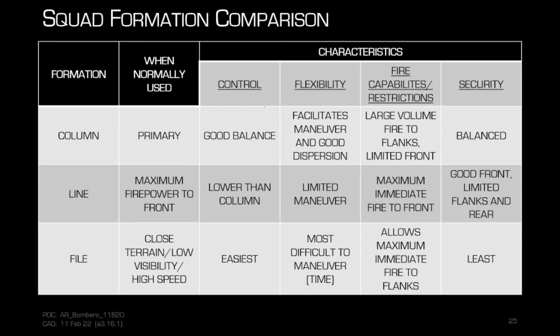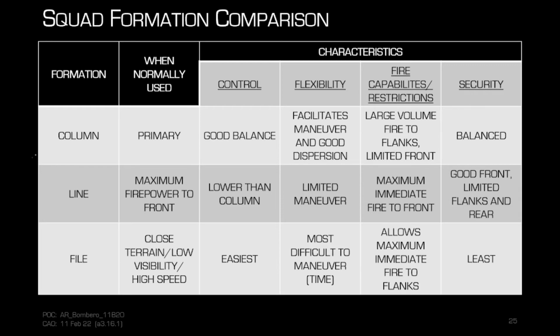Control is a little lower than the column, and that has to do with moving. Everybody's dispersed out wider, so it makes communication a little more difficult. And then if you had to turn that whole element to the left or the right, it just takes a lot of time and coordination. It can turn into a clusterfuck really fast.